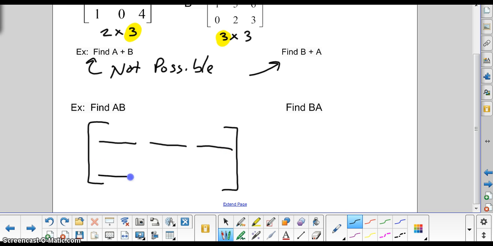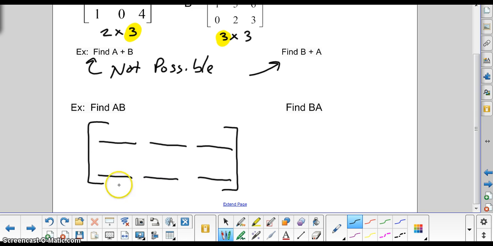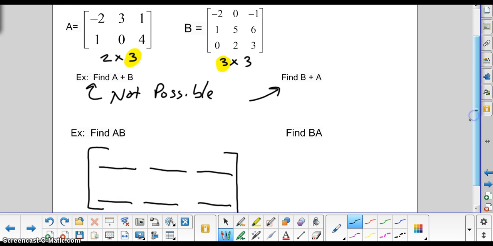Give myself some space to do my work. And just to get you off on the right foot, and then you're going to finish the problem, I would first like to find what goes in row 2, column 1, A sub 2,1.